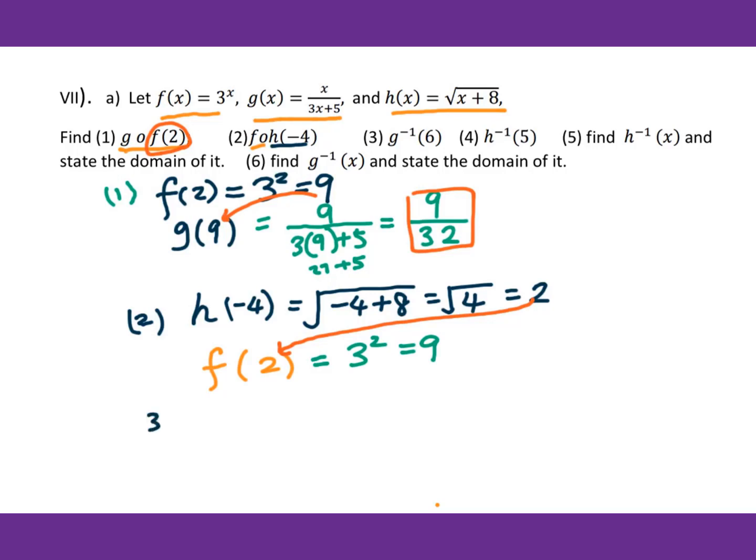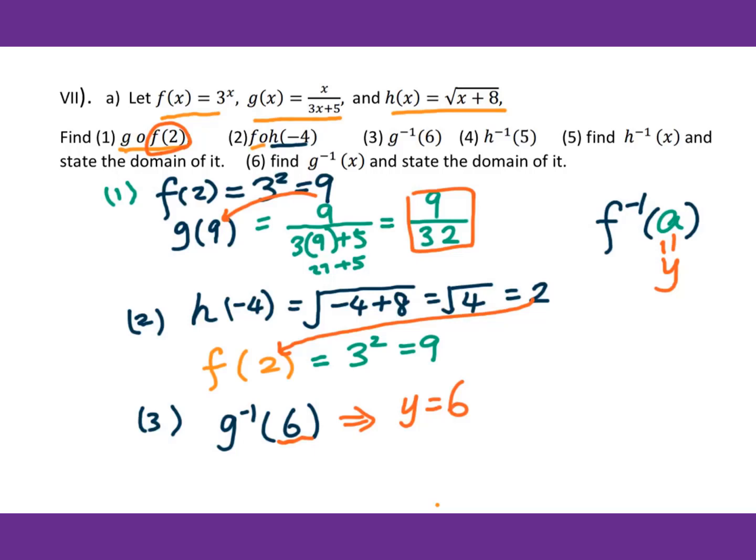For number 3, that's the inverse of g of 6. Remember, when we have inverse f of a, this a equals the y value. Therefore, this 6 equals y, which means y equals 6.